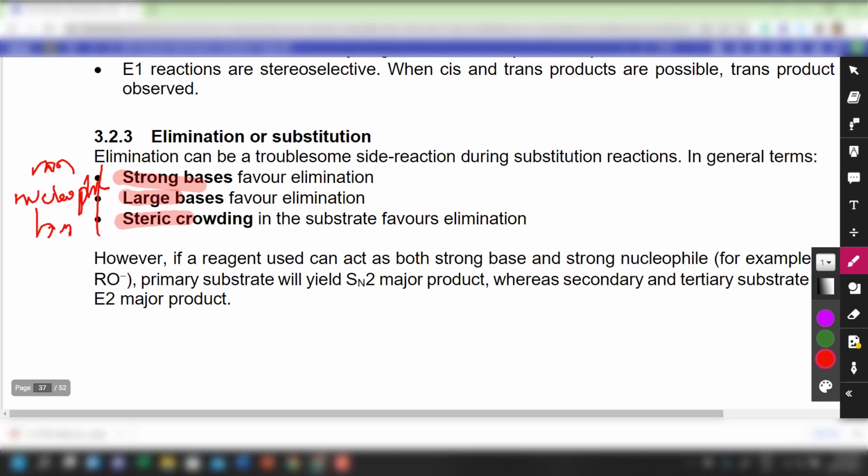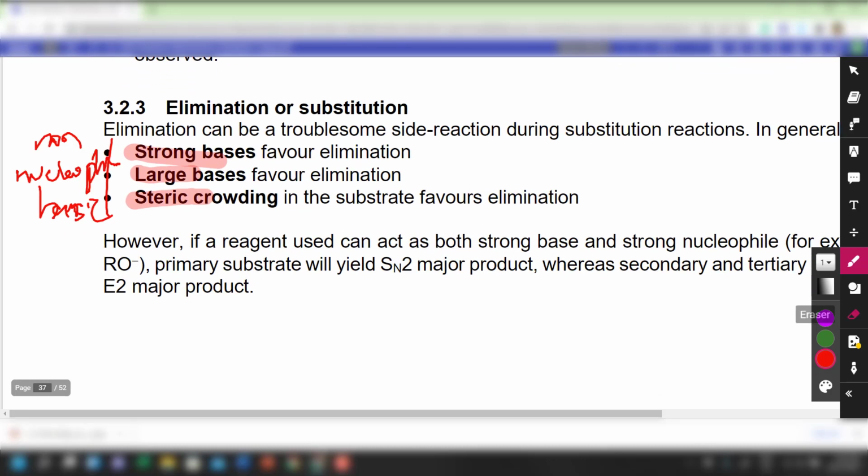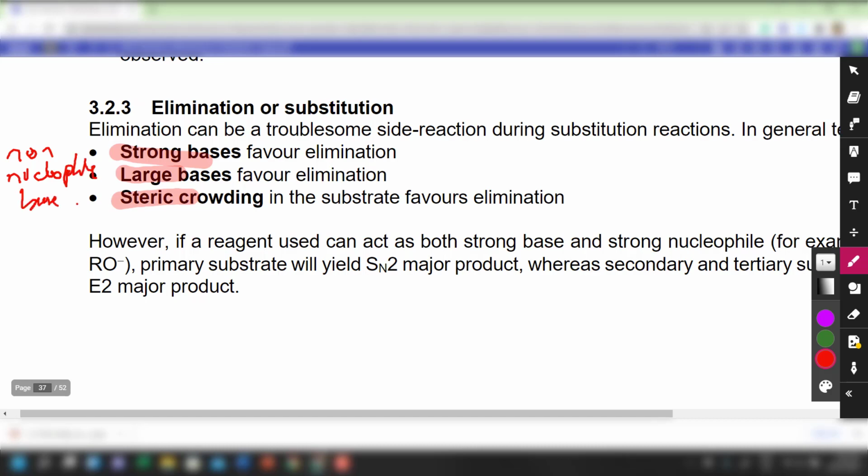Basically, a non-nucleophilic base is a base which doesn't want to act as a nucleophile, or is a poor nucleophile. Let me write it out again: it's a non-nucleophilic base.